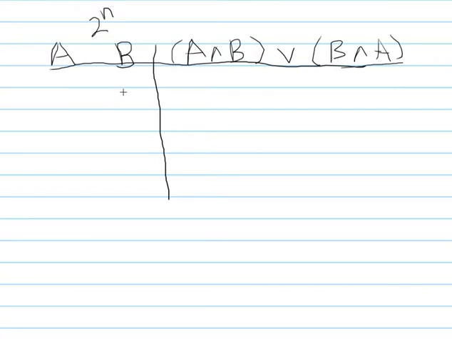And then the way we fill in these 4 rows, in order to make sure that we capture all the possible ways of assigning different truth values, is we start on the right-hand side and we alternate between true and false for each of the 4 rows.